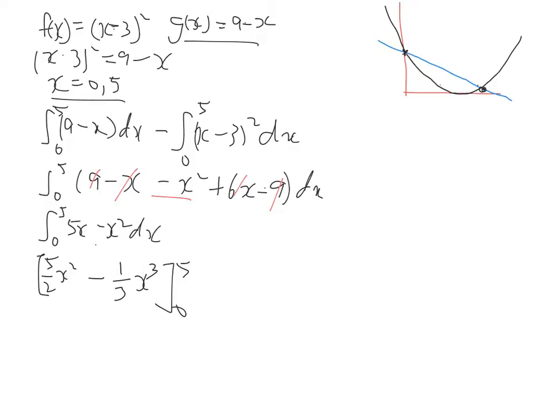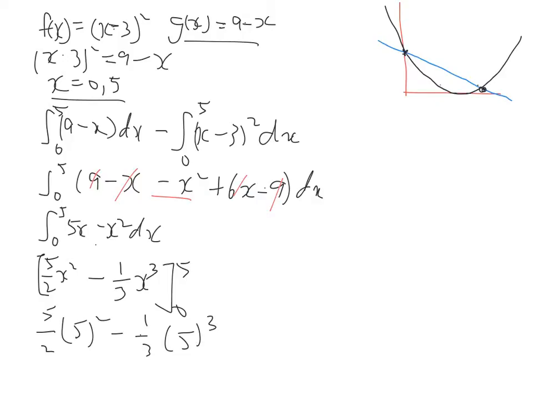Because we've got a limit of 0, I'm not even going to bother substituting that in, because I know they're both x's, so I'm going to end up with 0. So from here, we're going to have 5 over 2 times 5 squared minus 1 over 3 times 5 cubed.